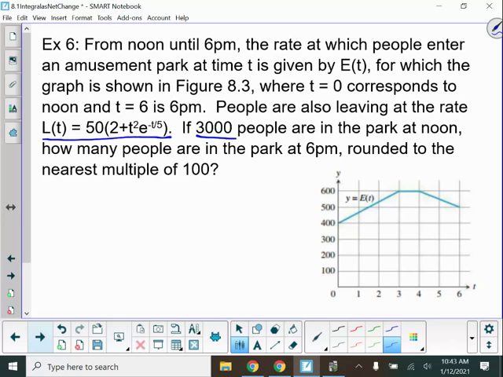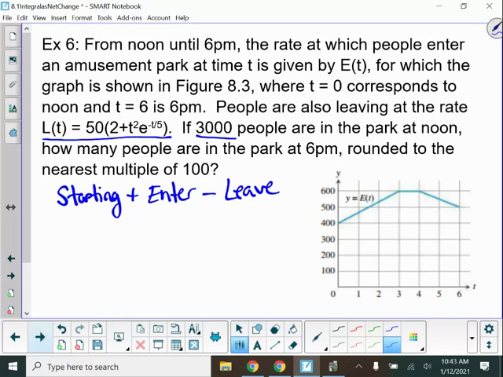So to figure out how many people are in there, you're going to have your starting amount plus those who enter minus those who leave. I know my starting amount is 3,000. Notice this E of t is the rate that people are entering.